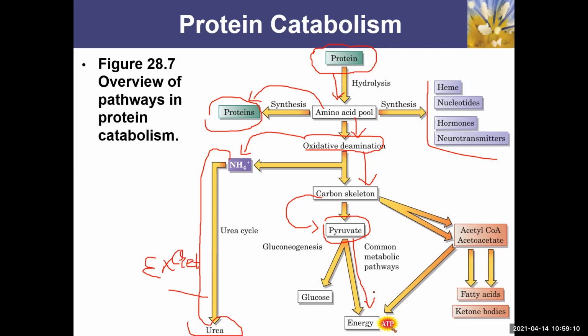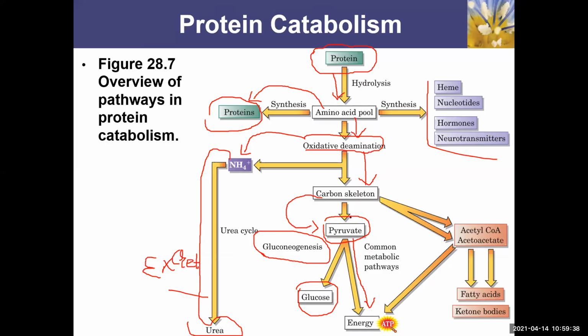For example, when we are fasting and you are not eating carbohydrates, or if you remember, we discussed gluconeogenesis, using non-carbohydrate sources to produce energy or to produce glucose. Yes, we can produce glucose, right? And that can happen from the carbon skeleton of the amino acids.